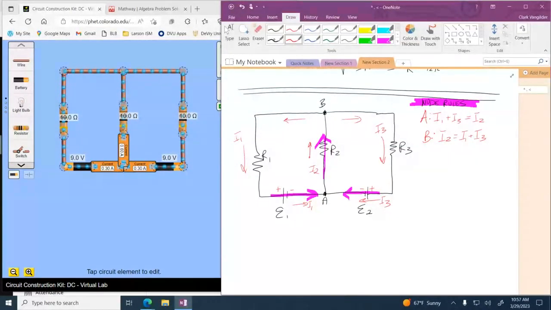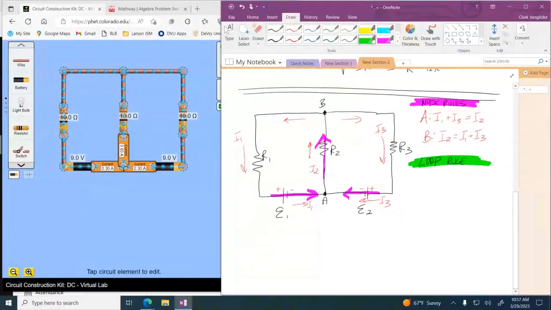All right, so the next thing that we would do would be our loop rule. All right, so I'll switch colors up there. So the loop rule, you have choices. You could always go the same direction from a point, or you could go opposite directions, as long as you are consistent and correct with the way you traverse resistors and voltage sources when you take that loop.